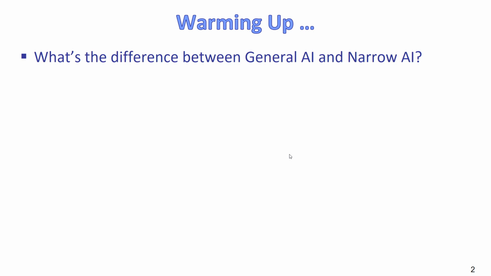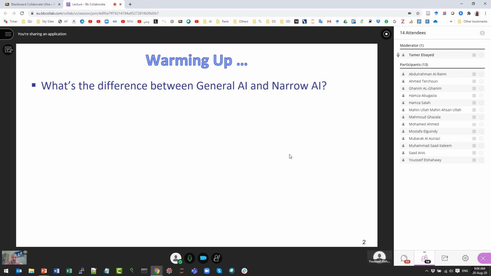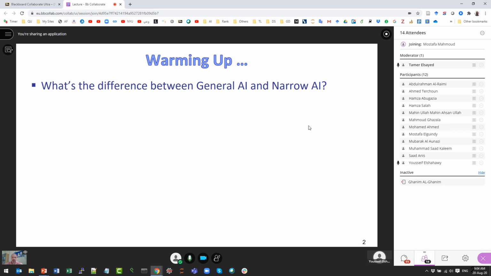What is the difference between general AI and narrow AI? Any answer? Yusuf? What do we mean by conscious?